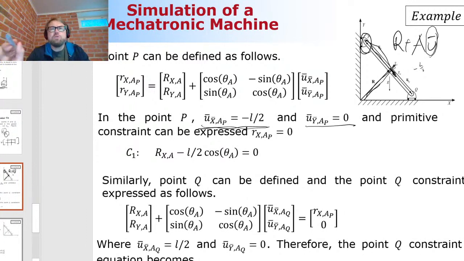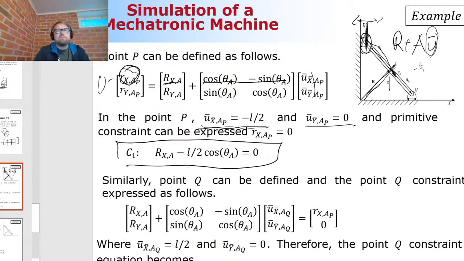Now I'm going to constrain this motion such that this point here cannot move along the global x-axis, meaning that this has to be equal to 0. That gives me the first constraint equation: this multiplied by this, and this, and that's my first constraint equation.